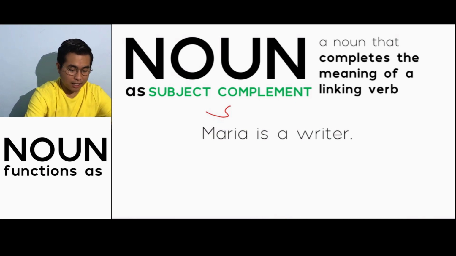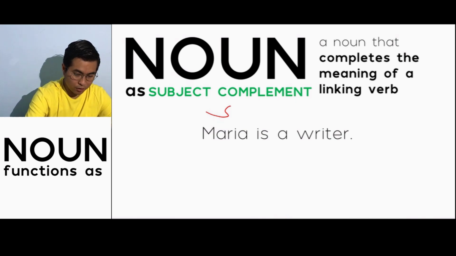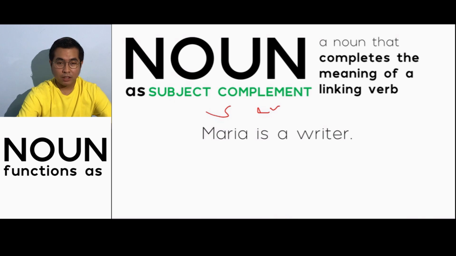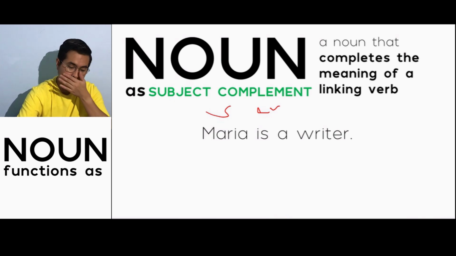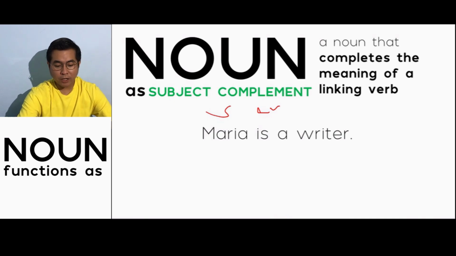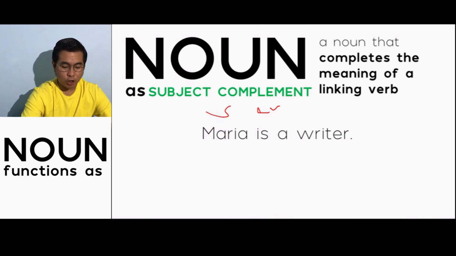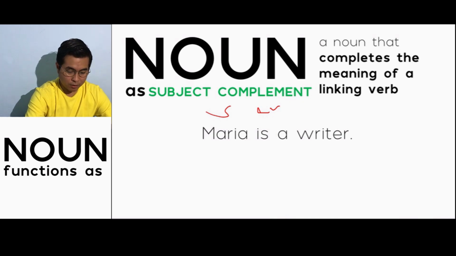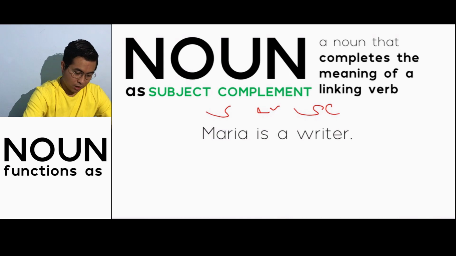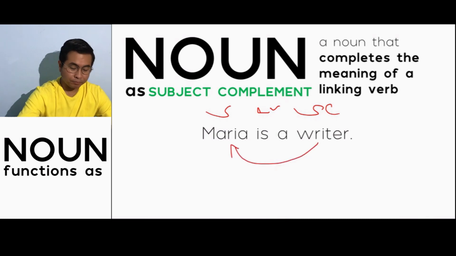So you have here your linking verb, and then a writer. A writer here is a noun. So the noun here being a subject complement is writer, talking about Maria. So this is your SC, that talks about Maria.